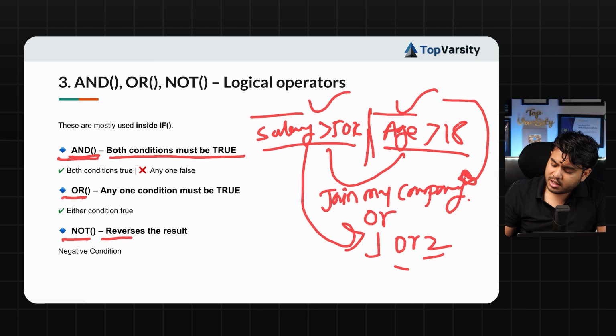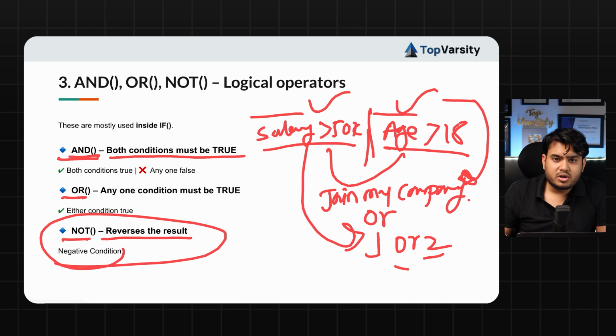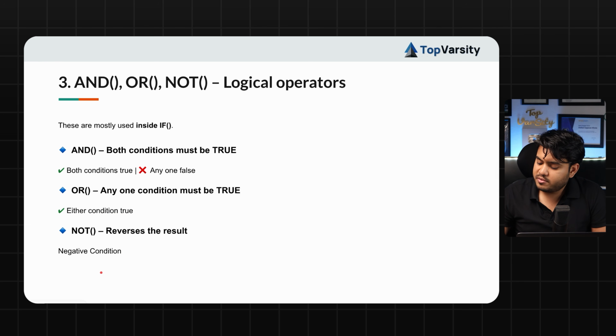Third is NOT. It reverses the result. This condition usually will not be used anywhere, because from my point of view it is useless. Because if you have IF, then you will not use NOT. So for example, if I want to write x is greater than 10, and if it is greater than 10, then write true.